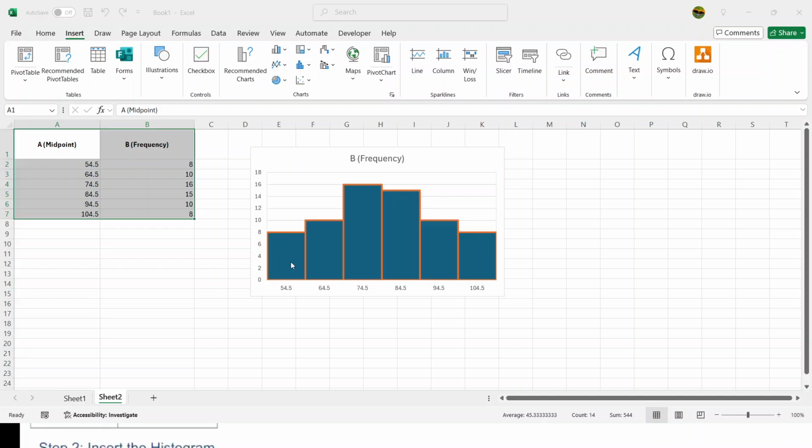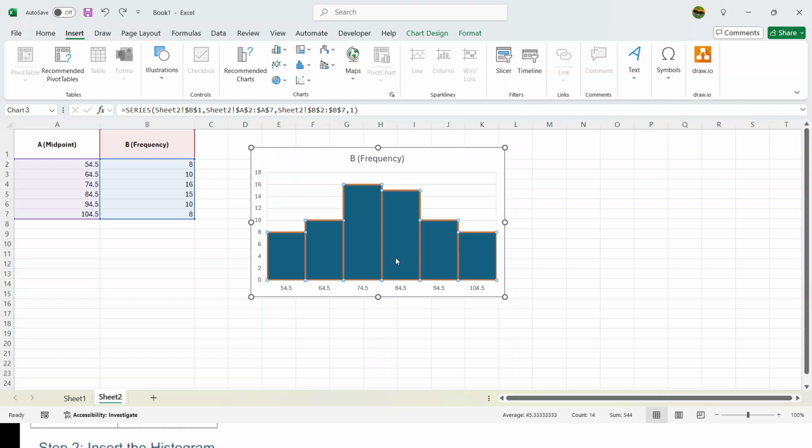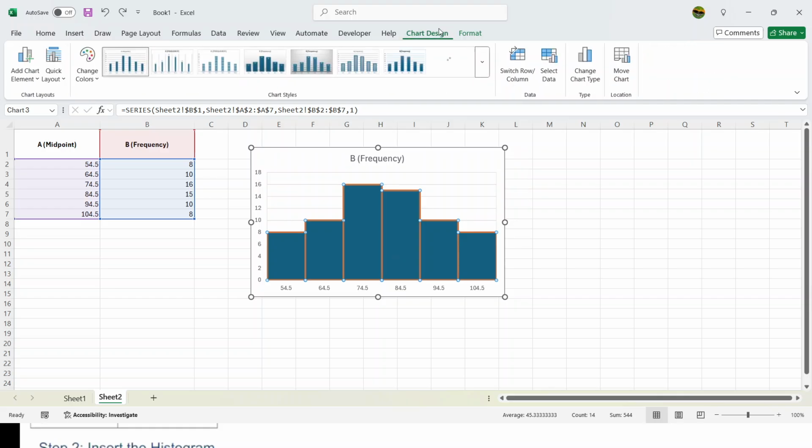Yes. A histogram. Why am I not getting the right one again? Why am I not getting the right one as I have selected like before?